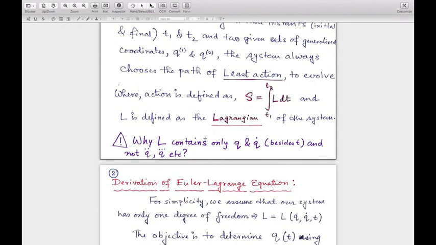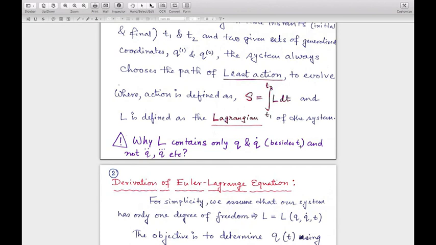Now let me ask you one small question. Here we in general say that for all physical systems, the Lagrangian contains only q and q dot. We don't know exactly what the Lagrangian is till now, but we know that it is very important for determining the exact evolution of a mechanical system, and it is a function of q, q dot and t.